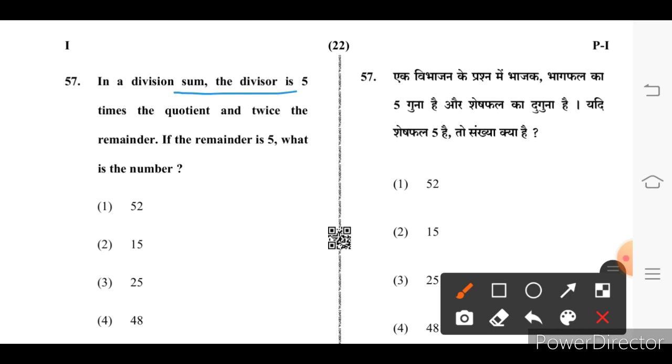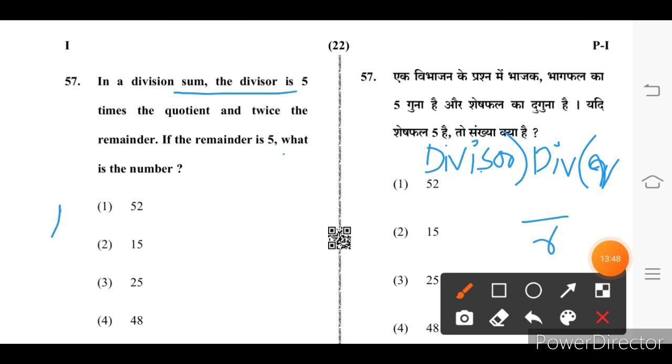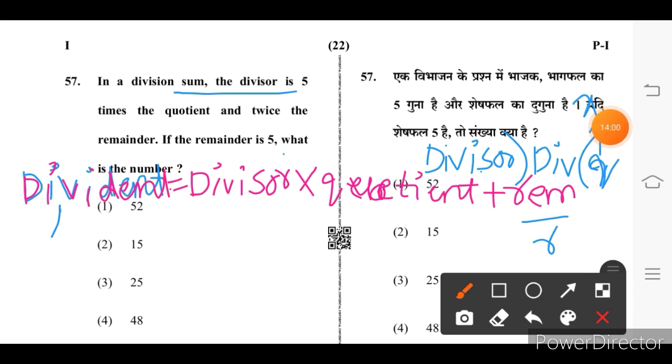Divisor is 5 times means when we assume q as x, we don't know the q value, so it is assumed as x. From the formula, dividend is divisor into quotient plus remainder.